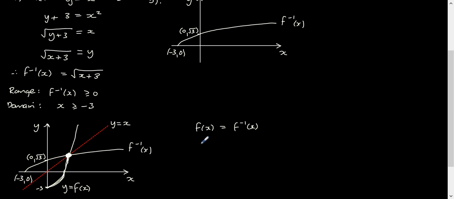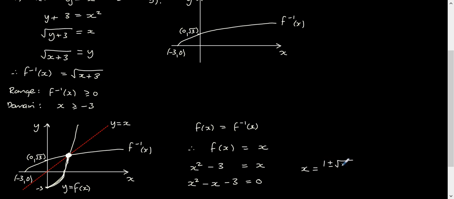Now, what this means for us is we can solve the equation f of x is equal to x. y equals f of x intersects with the graph of y equals x, which means x squared minus 3 equals x, so x squared minus x minus 3 equals 0. Using the equation solver on our calculators, from memory, we've got 1 plus or minus root 13 over 2 as our two roots.